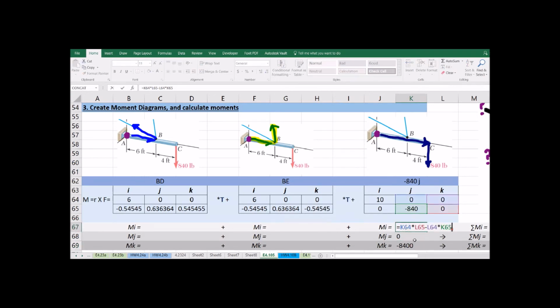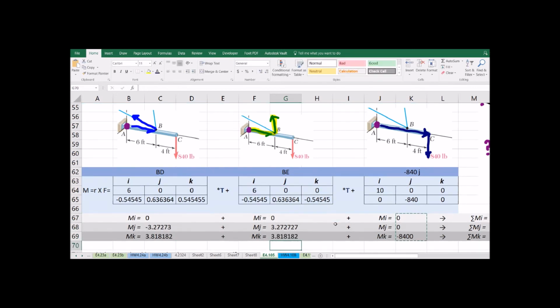Once I have these moment equations in, I've got this set up so I can say Control C, Control V. There you go. There's the moments for each of those guys, because I didn't add dollar signs, so it's going to just move those cells over right to where I need them to be. Now, for these guys, these are all multiplied by T. Okay, so I've got a bunch of T's in here that we need to pay attention to.